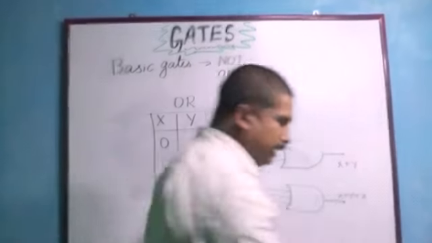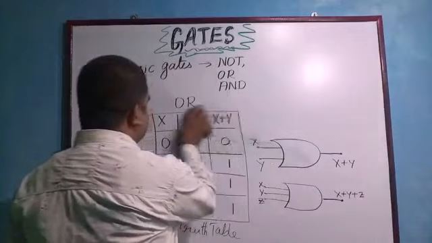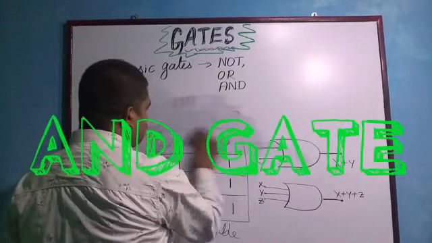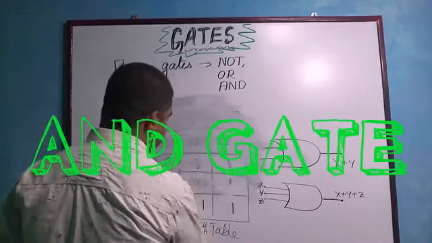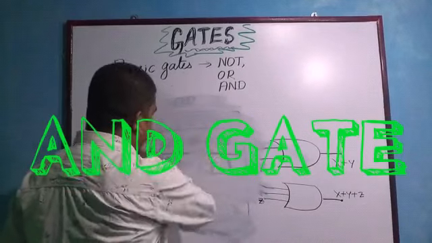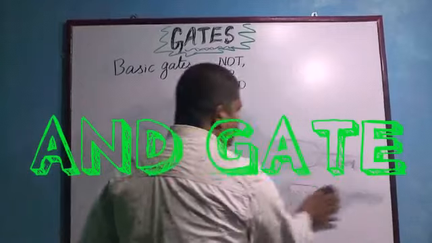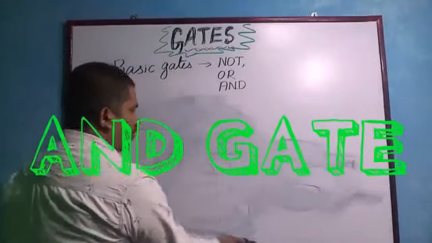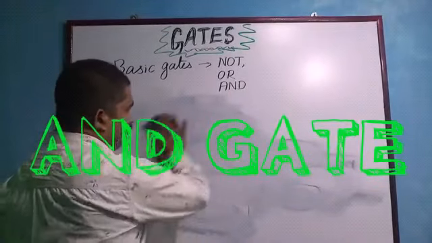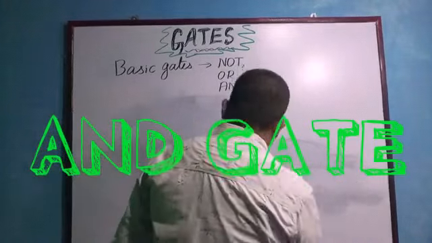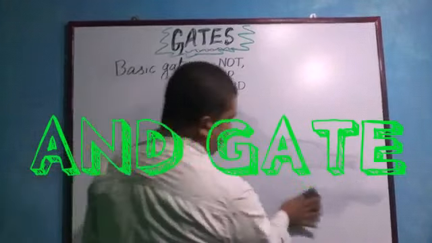Now let us study about the AND gate. So AND gate also uses minimum 2 input signals.